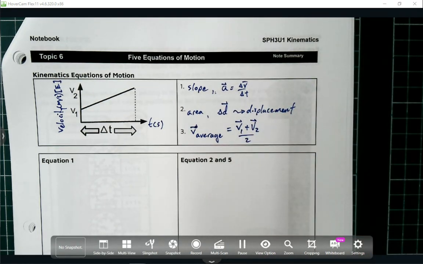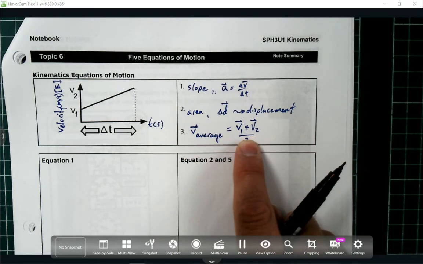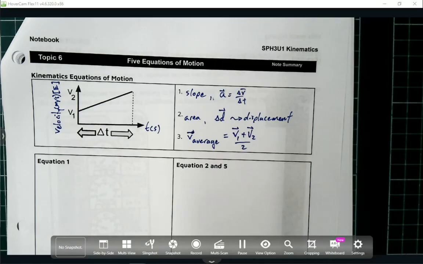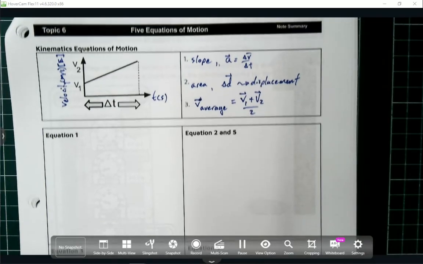And notice I got a V1 plus V2 divided by 2, and I happen to have a V1 and a V2 over here, so maybe this is something that's going to come up as being useful at some point today, right?